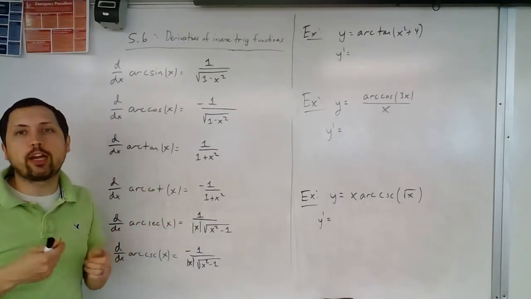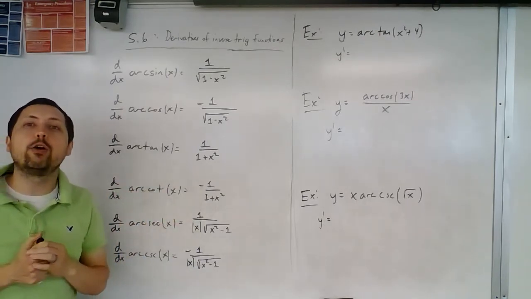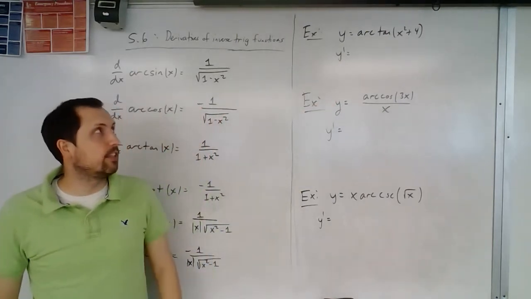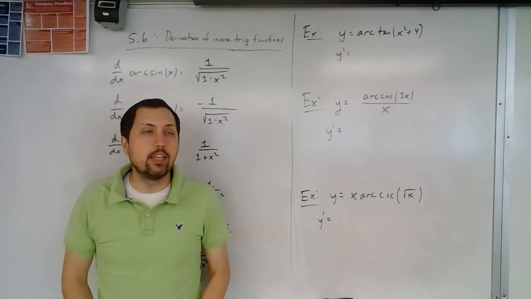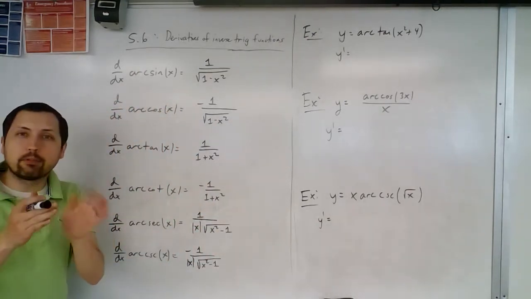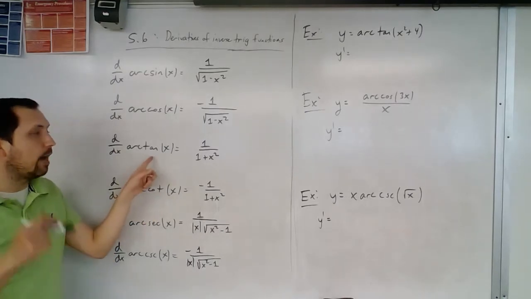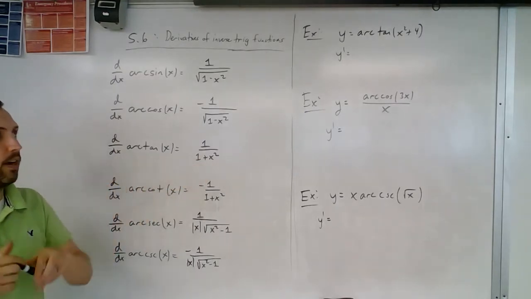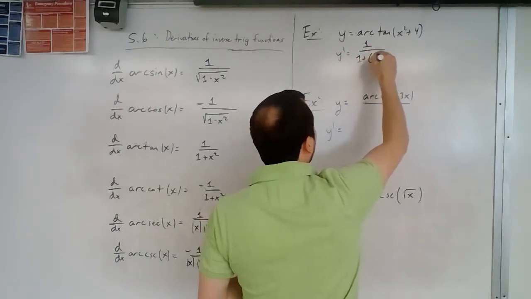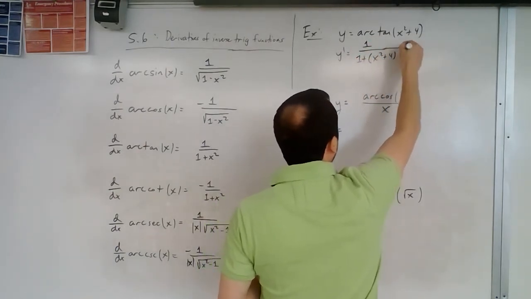But this is just the basic derivative. Remember, we also have the chain rule that we want to apply where necessary. So if we take a look at this example, arctangent of x squared plus 4. The derivative of arctan of whatever, this is going to be a composition of functions. The arctangent, the outside function, is 1 over 1 plus something squared. So I do this, 1 over 1 plus x squared plus 4 squared.